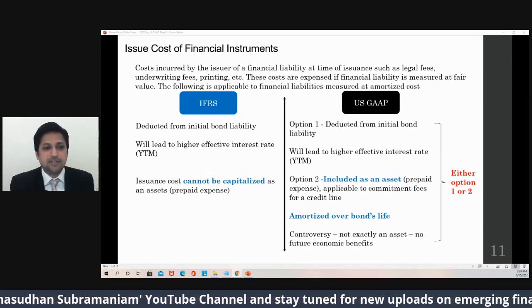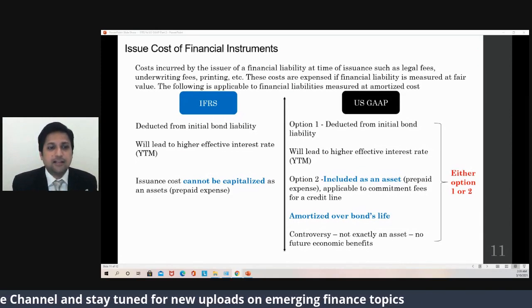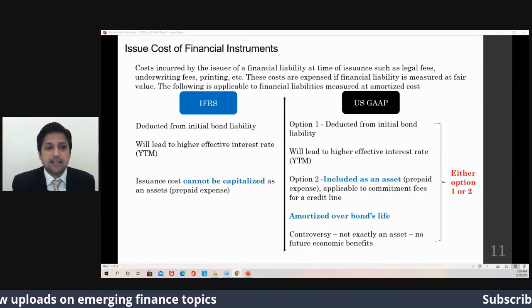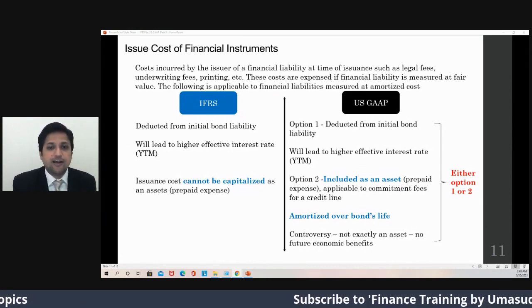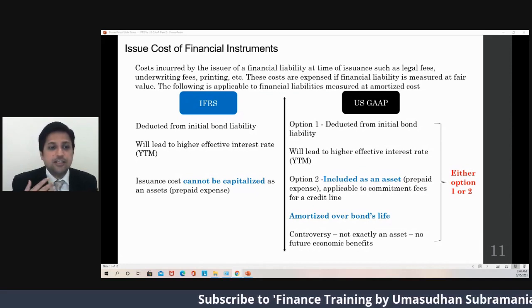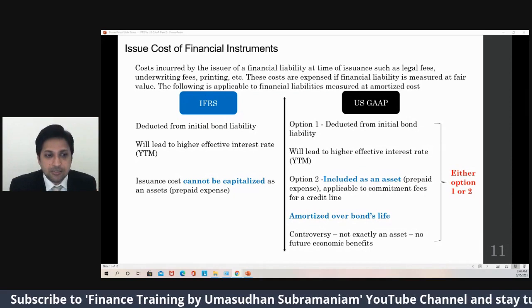But most of the time, financial liabilities are accounted for at amortized cost. Therefore, it is very important to understand the different accounting treatments between IFRS and US GAAP for the issue cost when it comes to the amortized cost model.